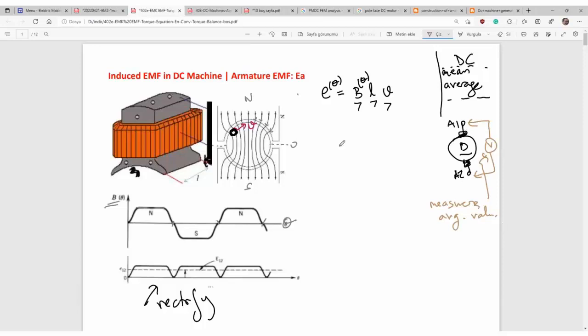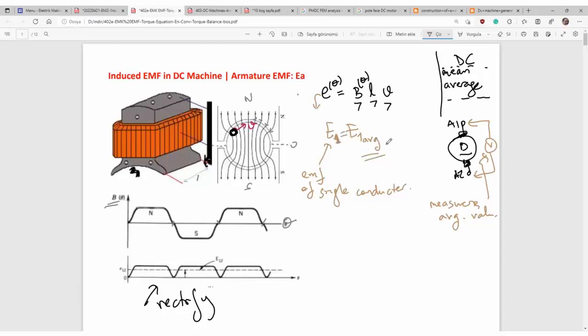Now, I want to calculate the EMF of only a single wire, a single conductor. EMF of a single conductor. And it is the average value. But we generally use capital letters for average value or RMS value.